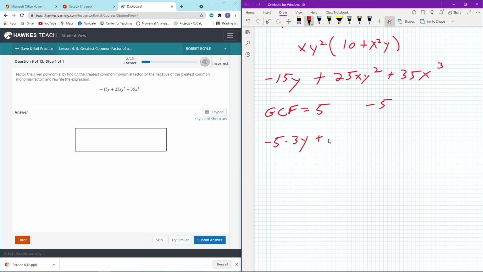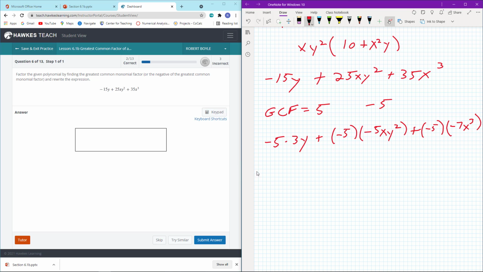And then plus, we're going to have a negative 5. And then to get 25xy squared, we would need to multiply that by negative 5xy squared. And then plus, once again, a negative 5. And then we're going to multiply this by negative 7x cubed.